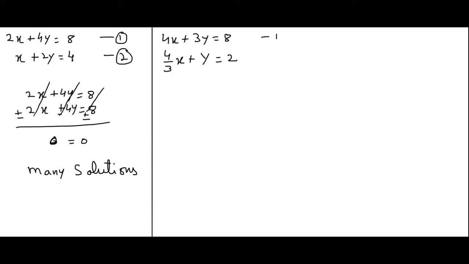This is equation number 1 and this is equation number 2. If we multiply equation 2 by 3, we can get an equation like 1, so it will be very easy to solve. Therefore we multiply equation 2 by 3 on both sides.